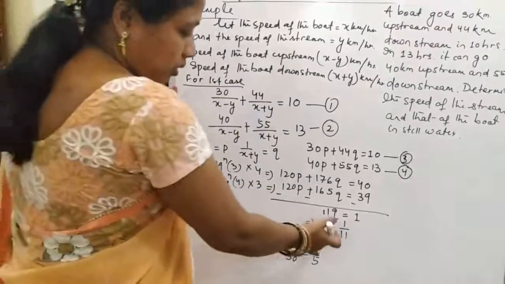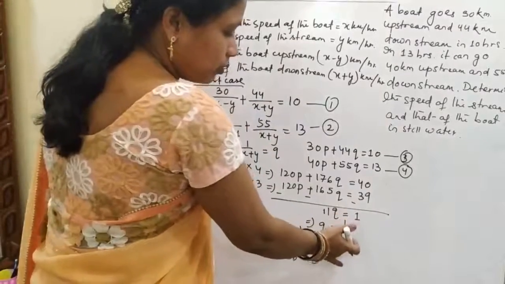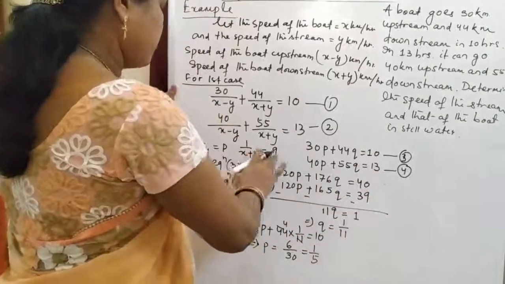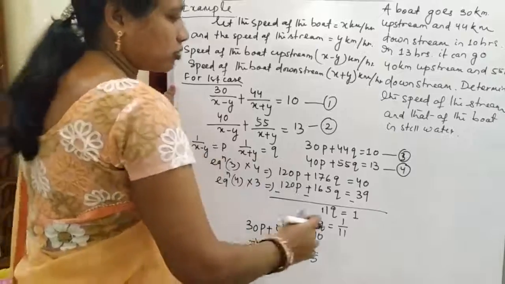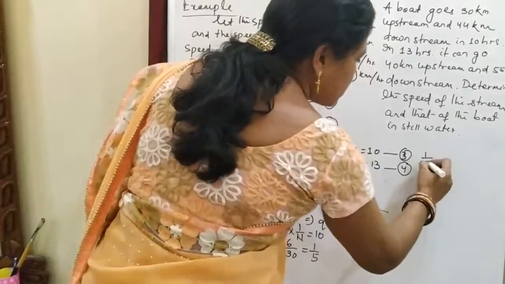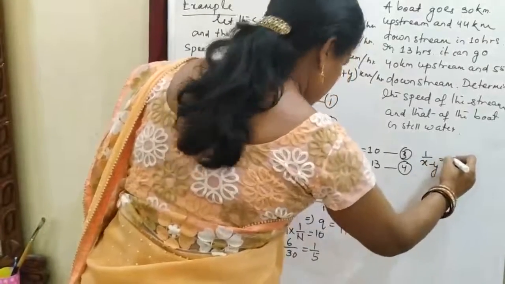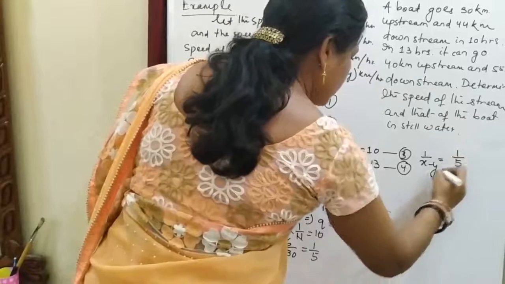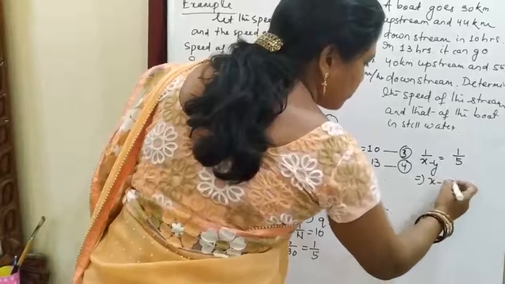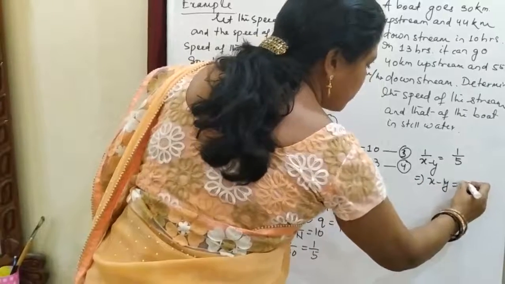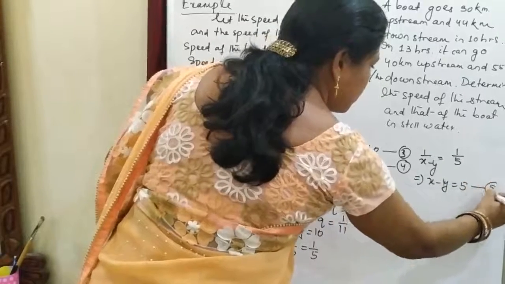But we have taken q as 1 by x plus y and p as 1 by x minus y. So 1 by x minus y is equal to 1 by 5. So this implies x minus y is equal to 5. So this is our equation 5.